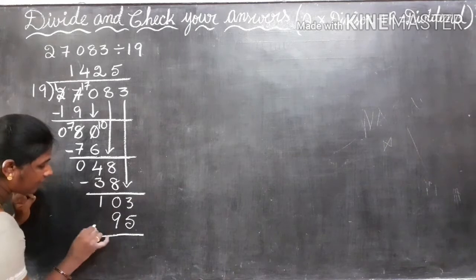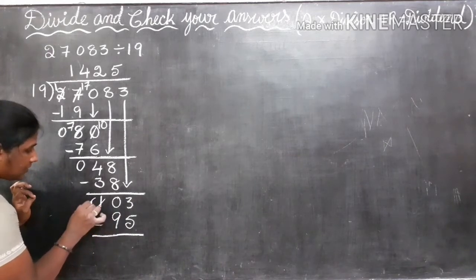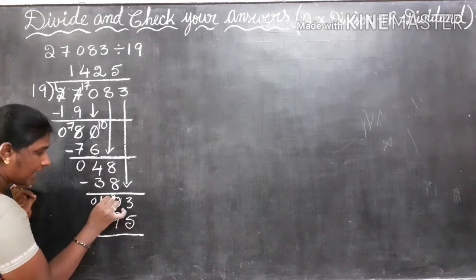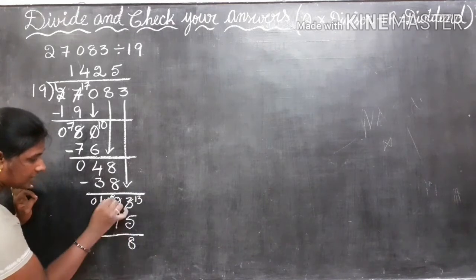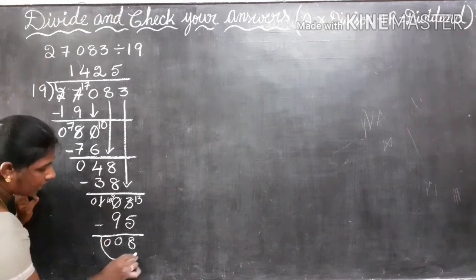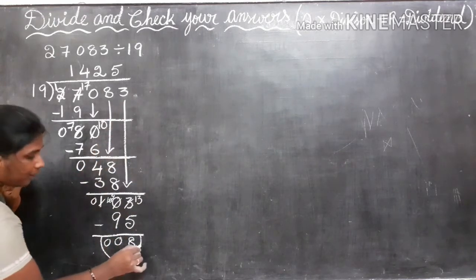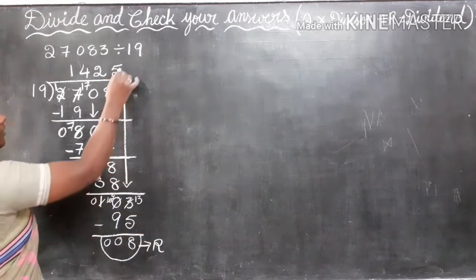First we borrow from here to here: it is 0, here it is 10. Again from here to here, so it is 9. 10 plus 3, 13. 13 minus 5, 8. 9 minus 9, 0. Here 0. So we get 8. Here there are no other numbers, so it is complete. Now 8 is R for remainder.